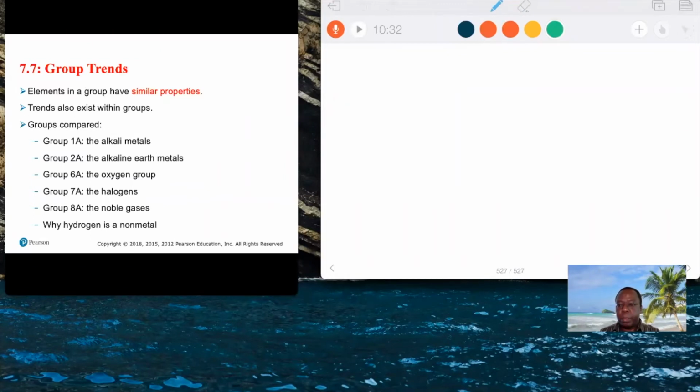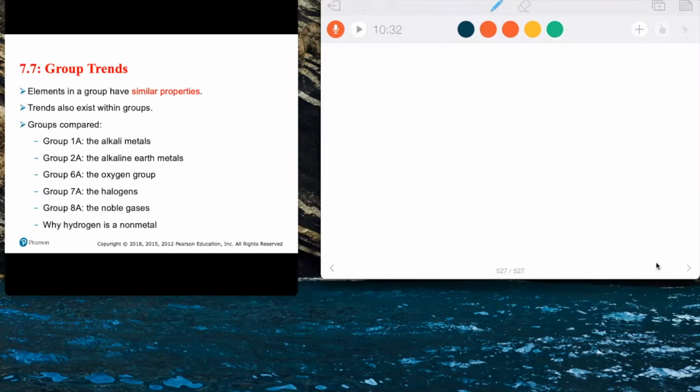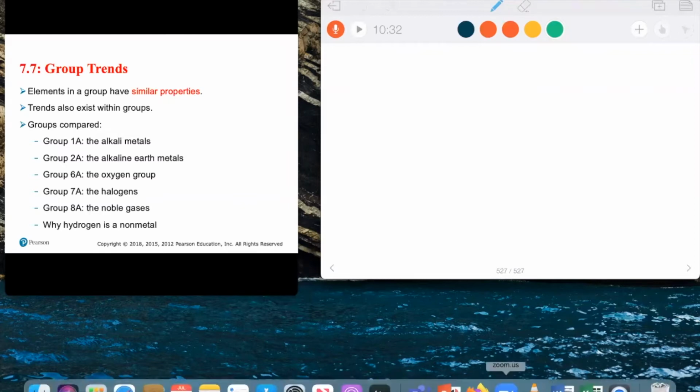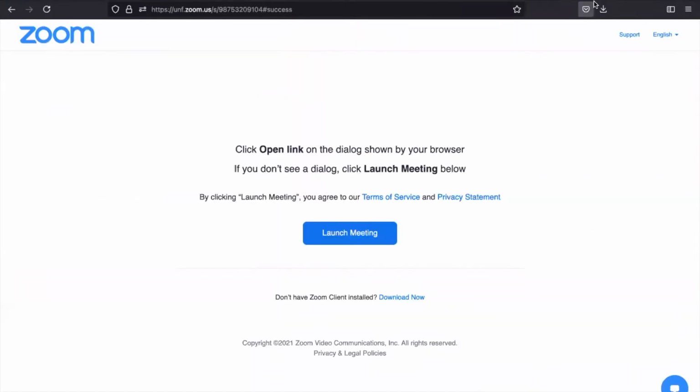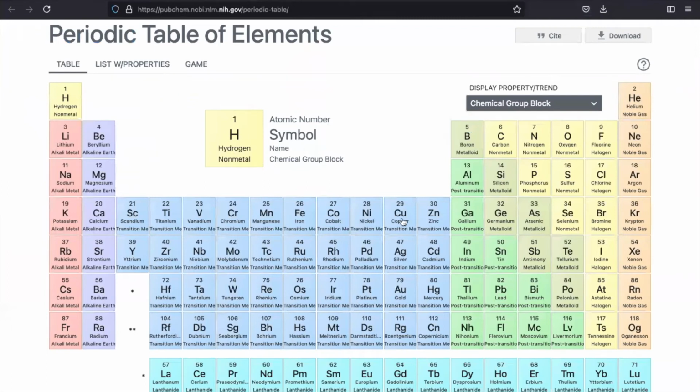Let me just share the periodic table here, which I know you are familiar with. This is just a sample periodic table. Some periodic tables may have different colors, but nevertheless, all the elements are arranged according to increase in atomic number. And group 1 has a special name we call alkali metals.